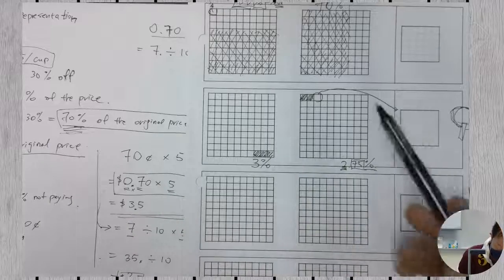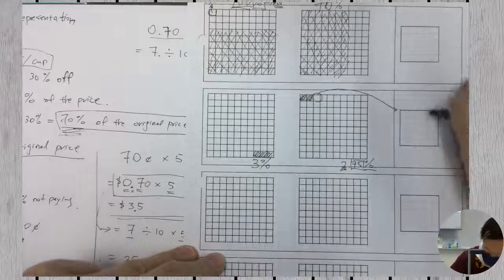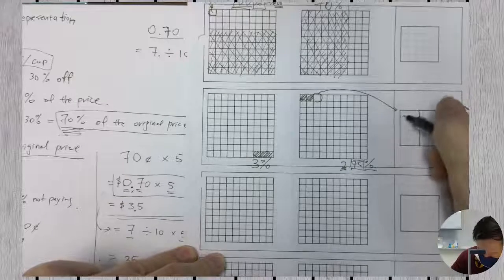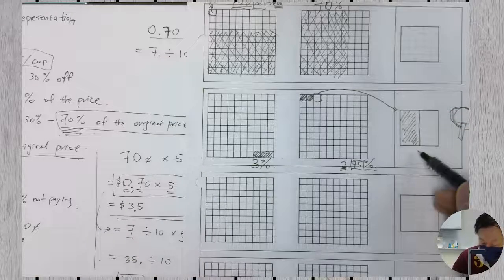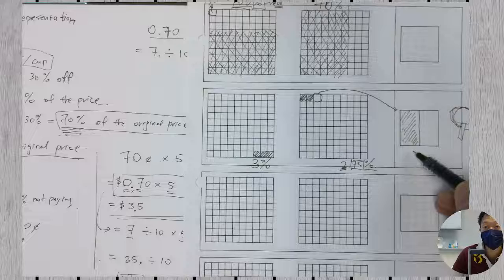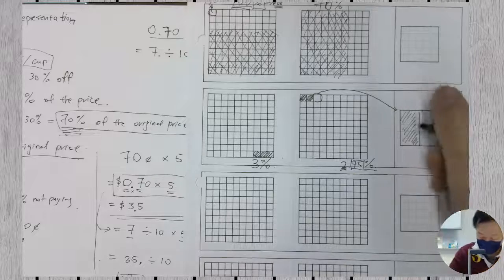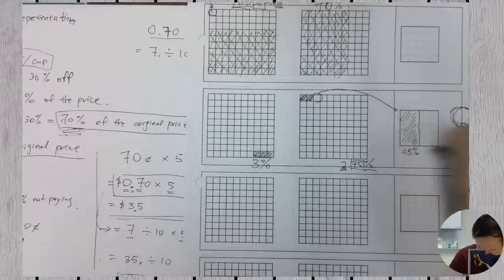If I shade half of this, what is the percent in that half a box? 0.5%? Okay, so this one represents 0.5 of a percent.